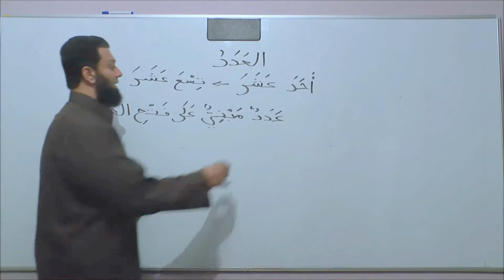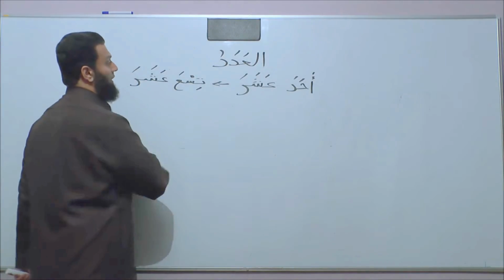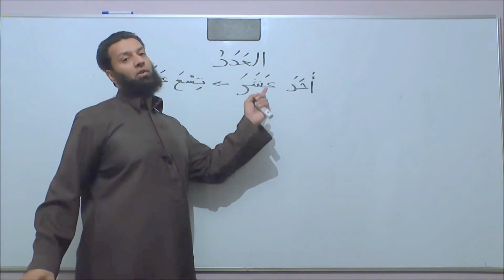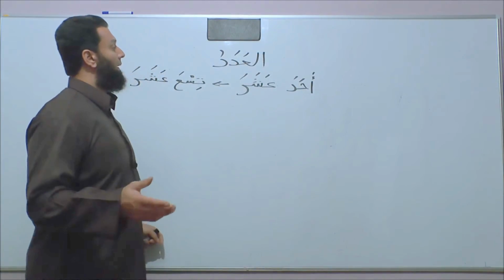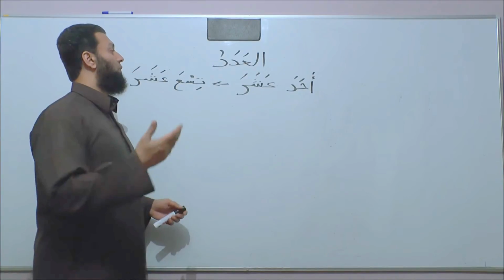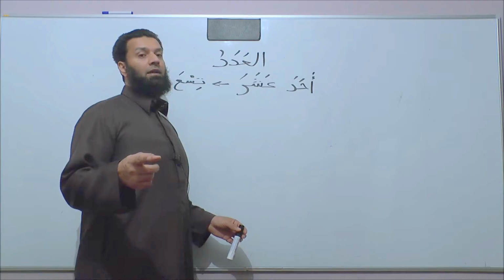So, we need to illustrate by way of example, as that's the easiest way to understand. Ahada ashara. Where do we encounter ahada ashara all the time? In Al-Quran. 11 brothers of Yusuf.